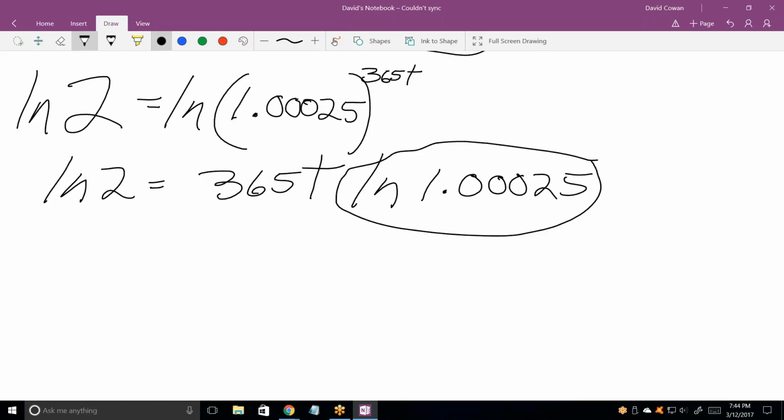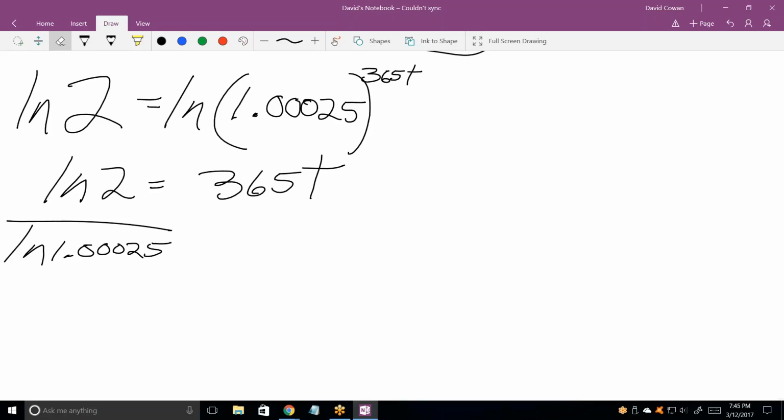That's just a number. Don't think of that as a variable. It's not a variable. It's a number. You're going to get it out of your calculator, but it's a number. Can we divide both sides by that? That's for starters. Yeah. We'll divide the left side by that. And that gets rid of it from the right side.